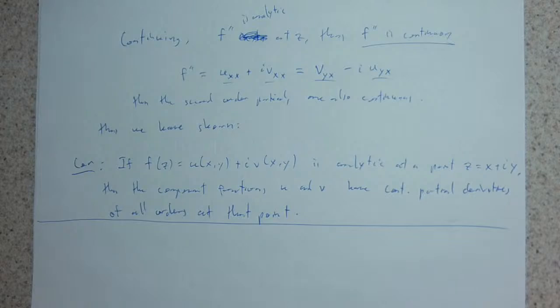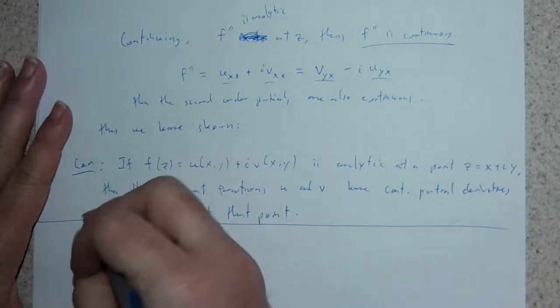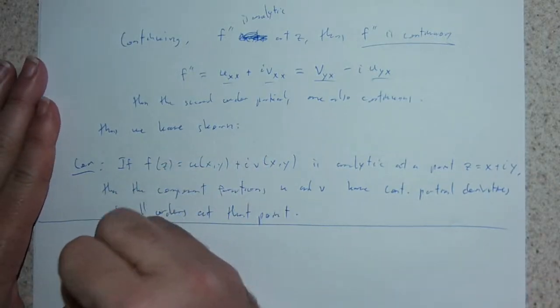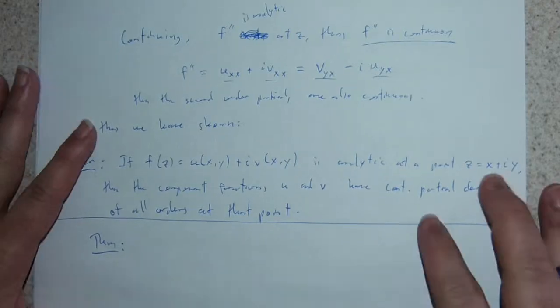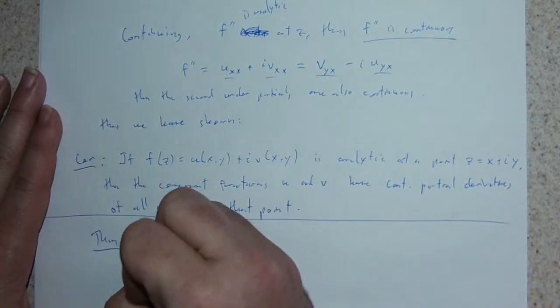Okay. So this is a pretty amazing thing. Okay. So next we have another named theorem. This is called Morera's theorem. This is going to provide a converse direction with certain assumptions. So this is known as Morera's theorem.